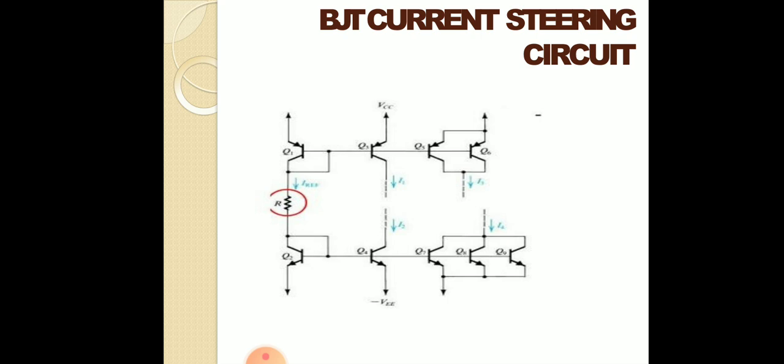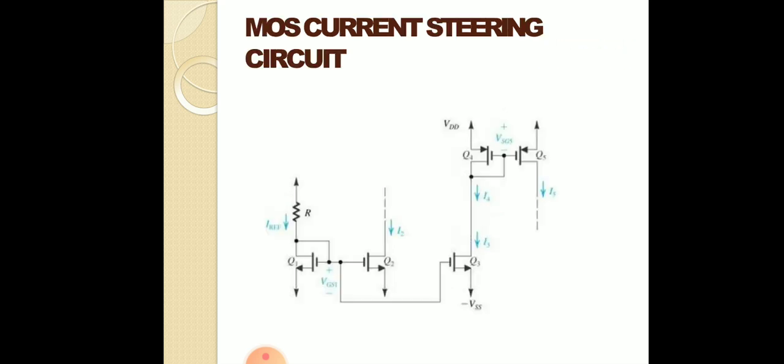The DC reference current IREF is equal to VCC plus VEE minus VBE1 over R, minus VBE2. This is for the case of a sufficiently high beta, neglecting the base current and neglecting the Early effect.